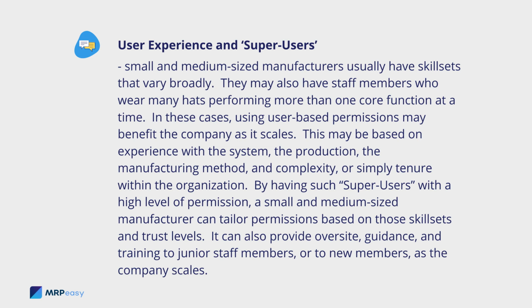This may be based on experience with the system, the production, the manufacturing method, and complexity, or simply tenure within the organization. Having such super users with a high level of permission, a small and medium-sized manufacturer can tailor permissions based on those skill sets and trust levels. It can also provide oversight, guidance, and training to junior staff members or to new members as the company scales.